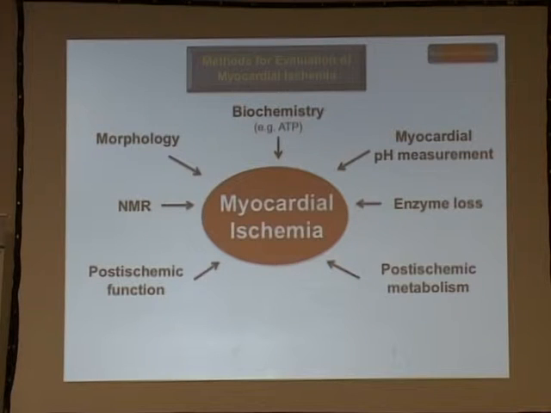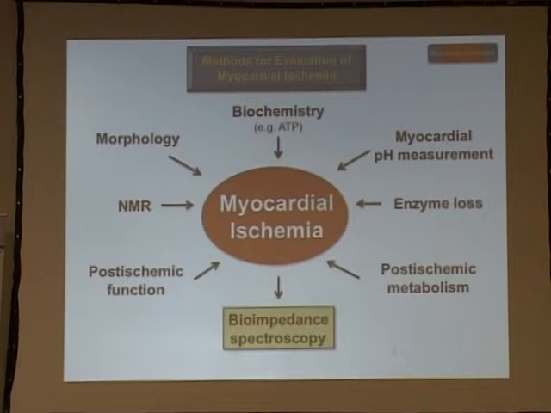This is either by morphology, by energetics, by myocardial pH measurements, nuclear magnetic resonance, enzyme loss, post-ischemic function, as well as post-ischemic metabolism. But now we have one more, and that is bioimpedance spectroscopy.